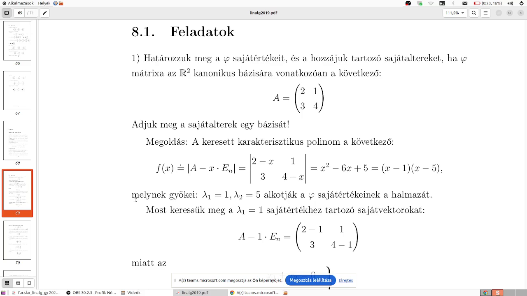Okay, let's jump here. I have this matrix. I have this lambda. Okay, I calculate the determinant.